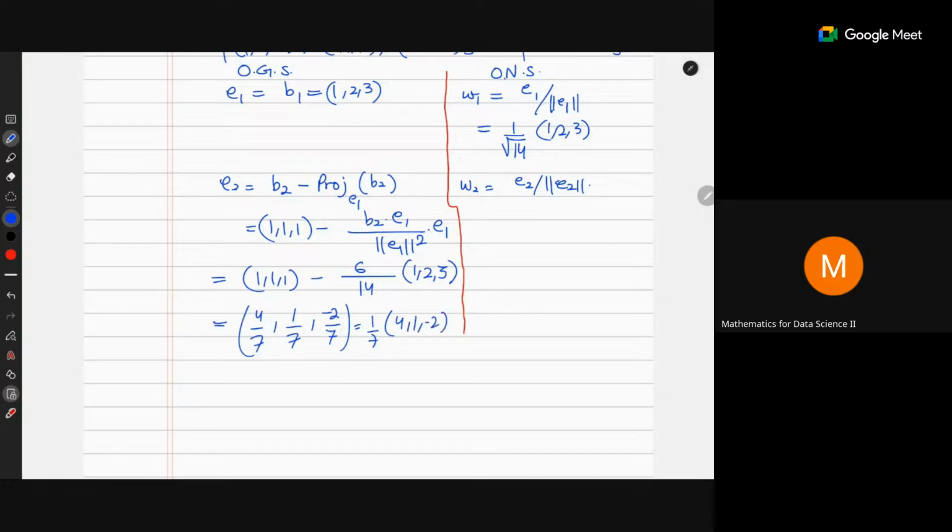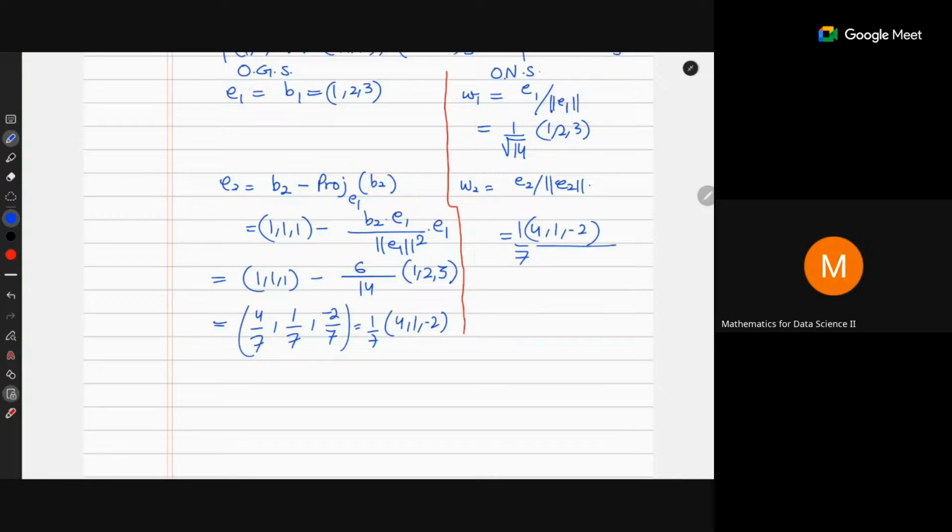And now what will be W2? W2 will be 1 by 7 times the vector, divided by its norm.